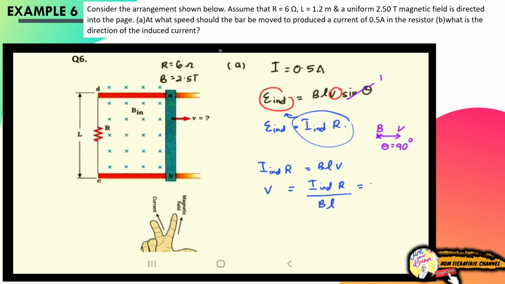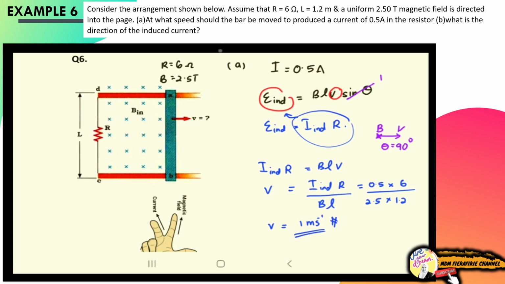I induced is given 0.5, the resistance is 6 ohm, the magnetic field is 2.5 and the length of the bar is given 1.2. Therefore V, we want to calculate what speed should the bar be moved to produce a current of 0.5 ampere in the resistor, and the answer is 1 meter per second. Alright, so this is the answer.